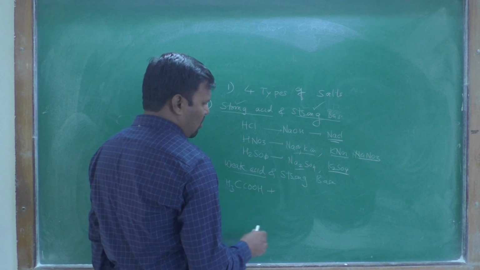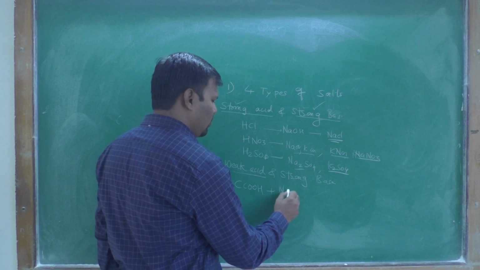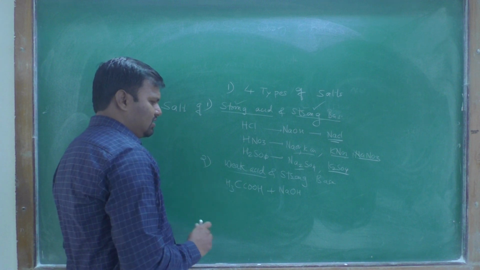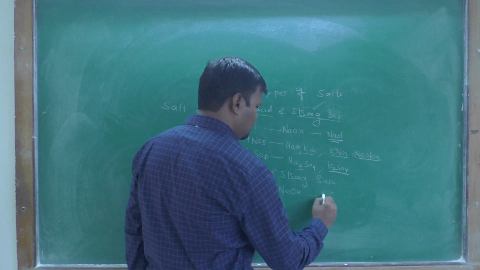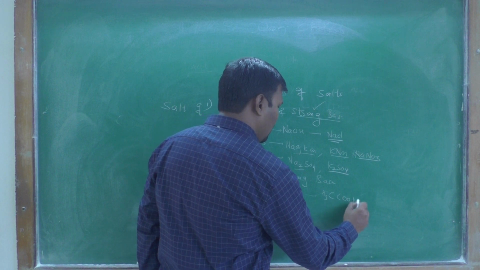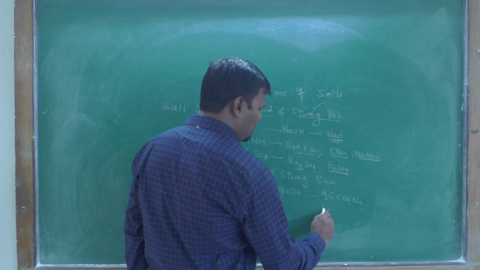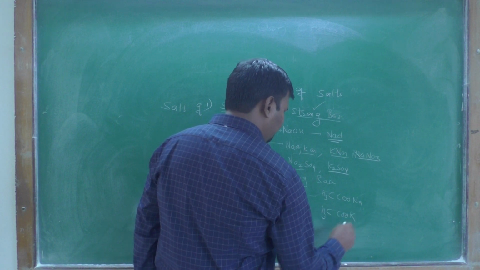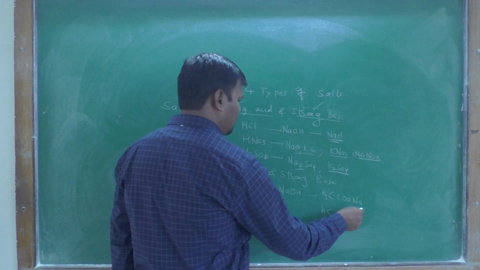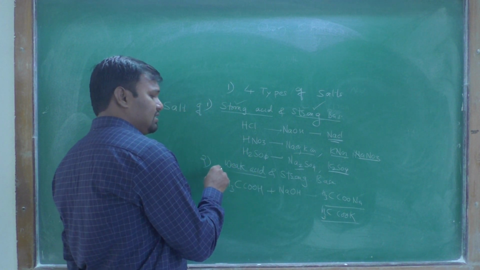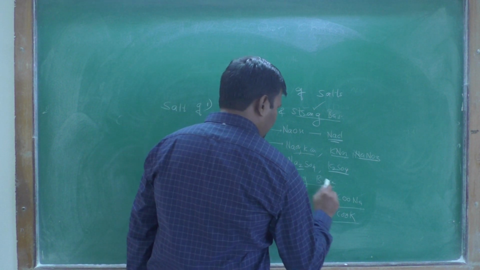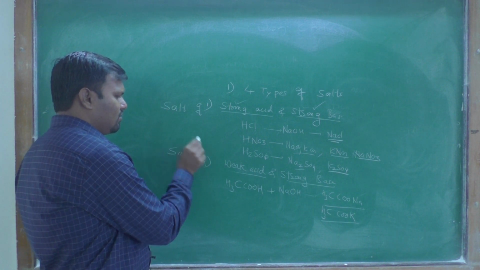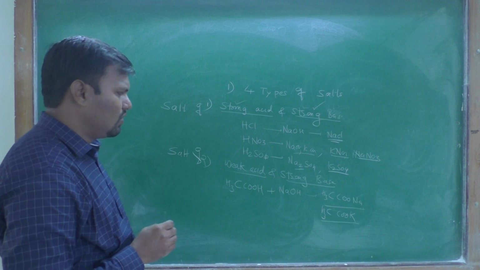When you add a strong base, suppose NaOH or KOH, to acetic acid, you will obtain CH3COONa, or when you add KOH you obtain CH3COOK. These are the salts of a weak acid and a strong base.